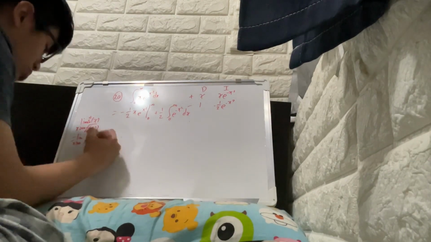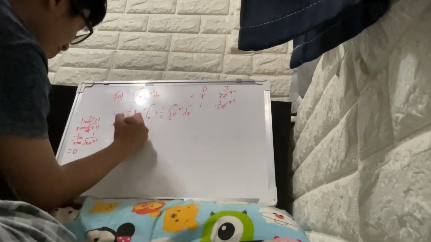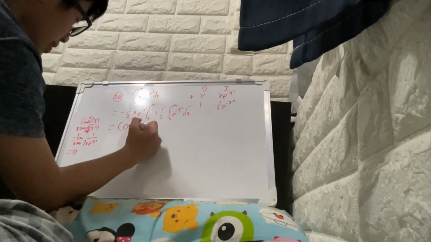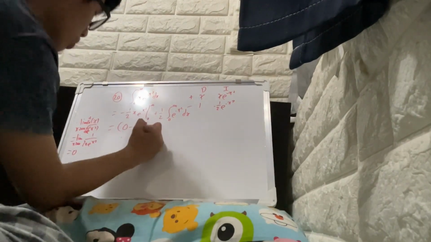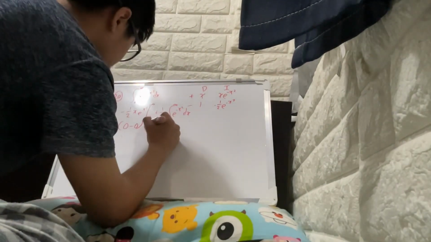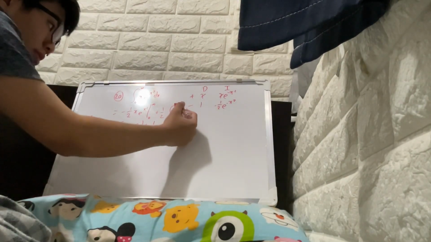If you put in infinity, you get 0. So the first part of this answer is 0, and subtracting, put in 0 and get 0, never mind, just 0. And then plus here is the integral from 0 to infinity.